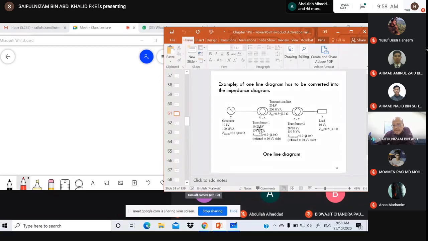10 kV, right? This is the line impedance, which is the same as previous: the same base voltage, the same MVA, and the actual line value, 0.5 plus j2 ohm. And this is transformer 2. You can see here, the primary is 20 kV, 10 kV is the secondary, the same base values, 150 MVA, and the impedance is referred to the secondary, 0.2 plus j1 at the 10 kV side.